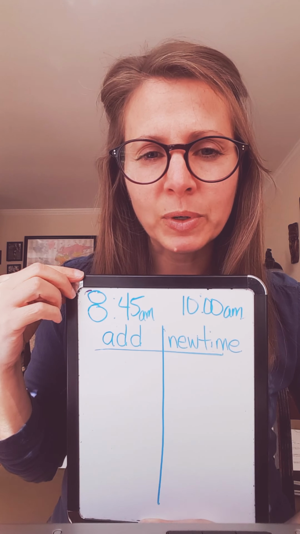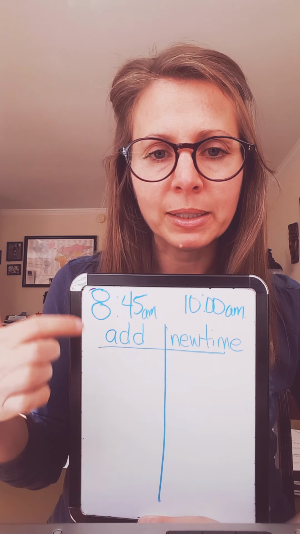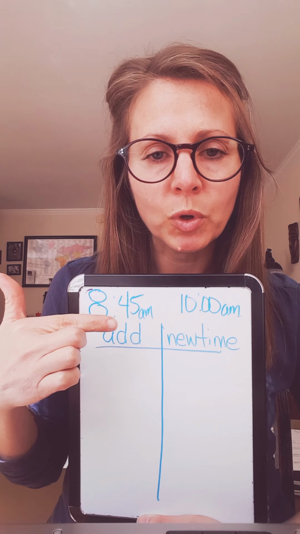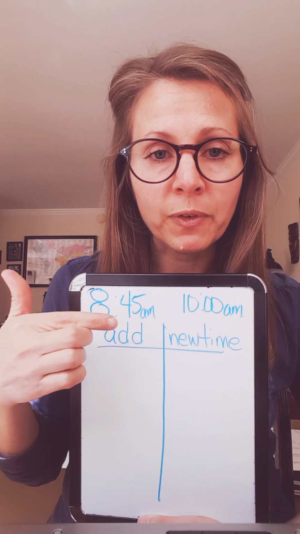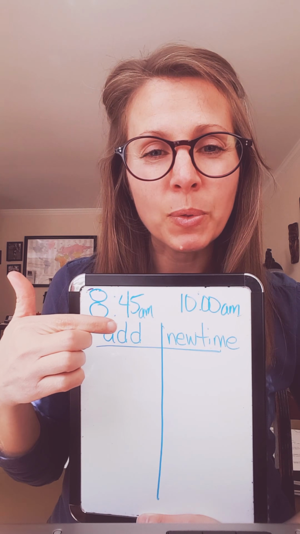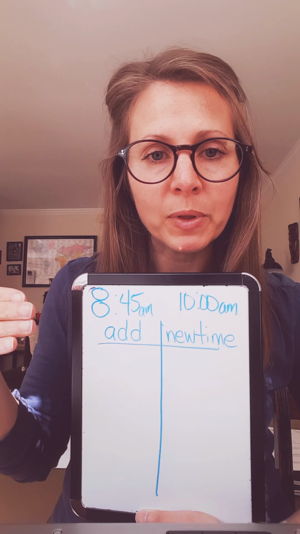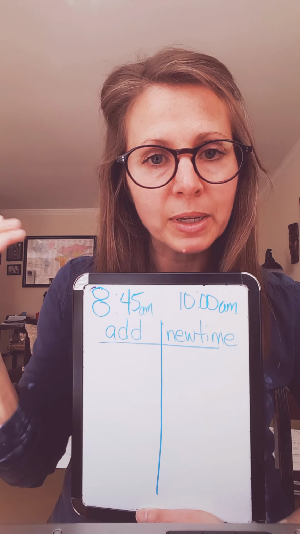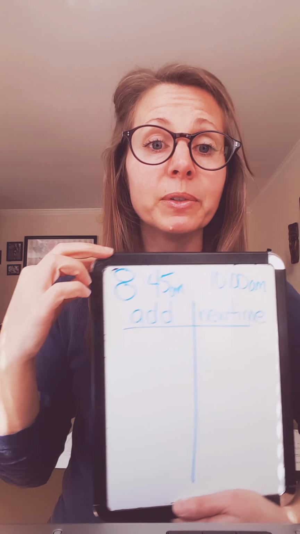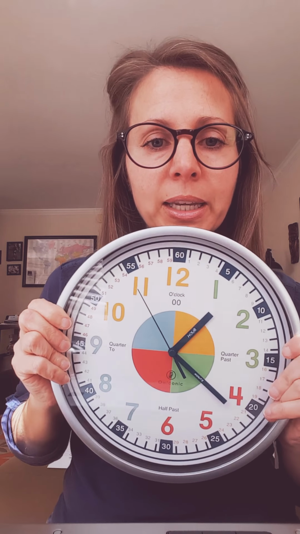The next thing I notice is that we've got some minutes to deal with here this time. So it's 45 minutes, so that's very simple for us to break up because we know that the clock is broken up into quarters, and 45 is one of those quarters. So let's take a look. My clock is really handy because you see the different colors divide my clock up nicely into the 15-minute quarters of time.